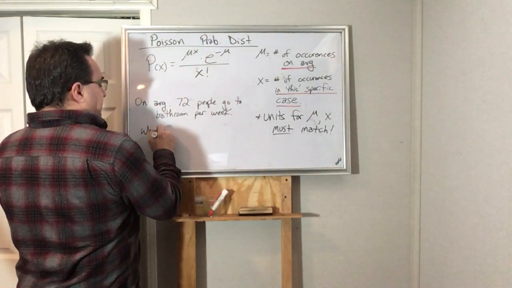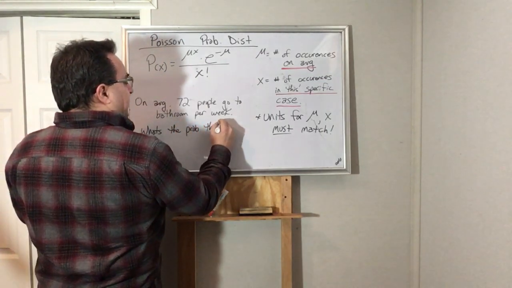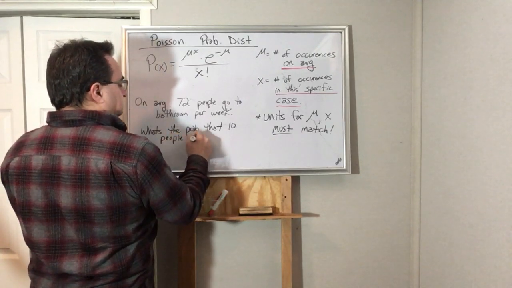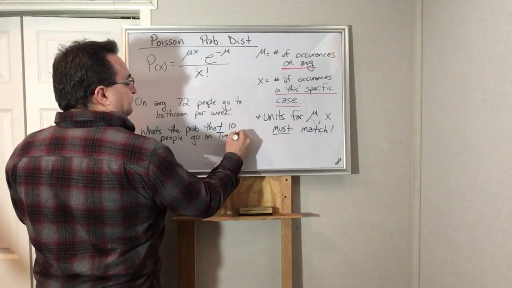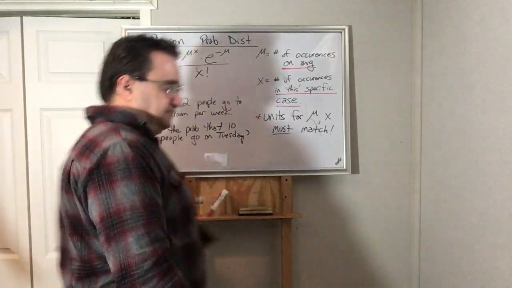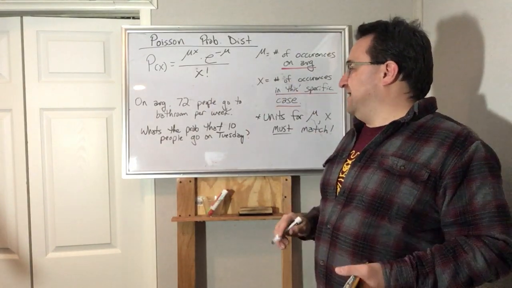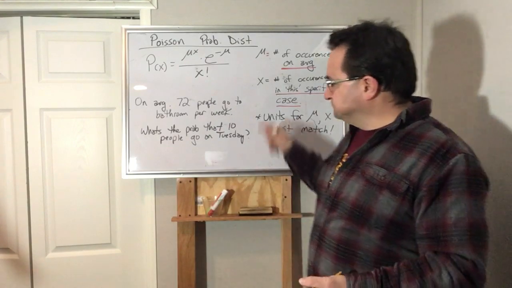What's the probability that 10 people go on the next Tuesday? So this is how many people go to the bathroom in a week on average.